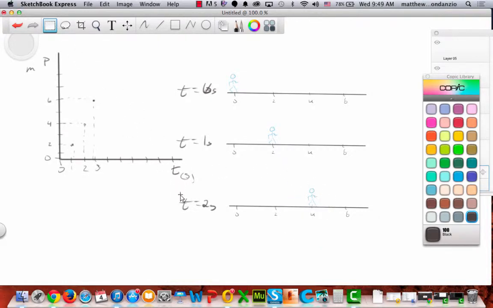And then at 3 seconds, where is he at? 6, okay? He's over here, okay? So we're seeing him move along, and this is just his position versus time.